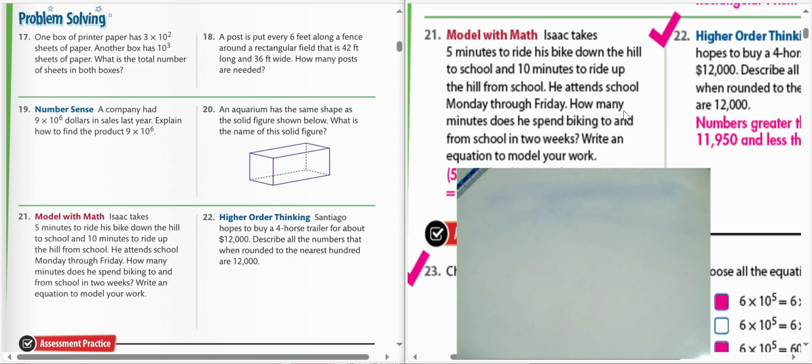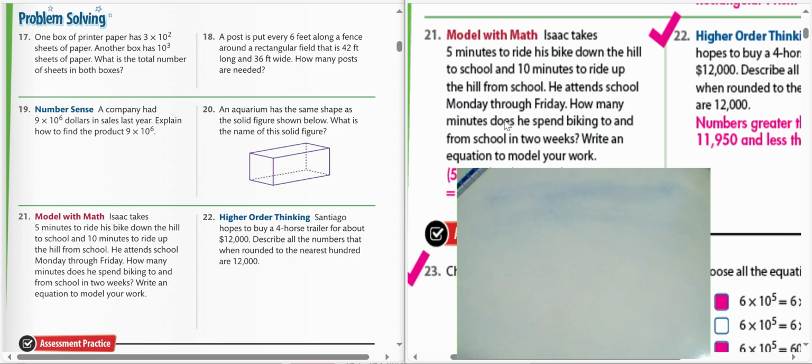Next, question number 21. Isaac takes 5 minutes to ride his bike down the hill to school and 10 minutes to ride up the hill from the school. He attends the school Monday through Friday.